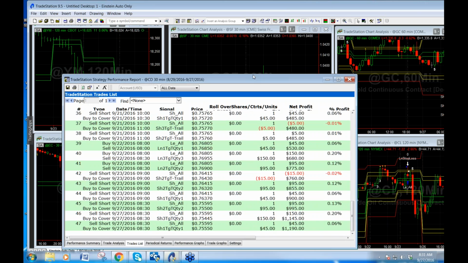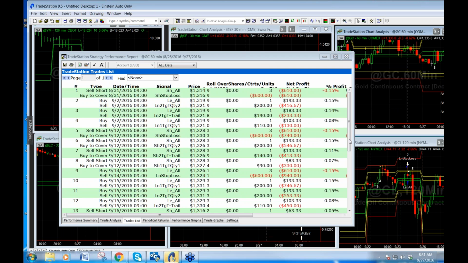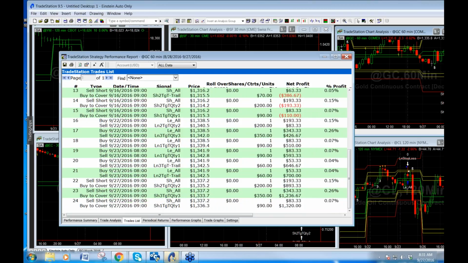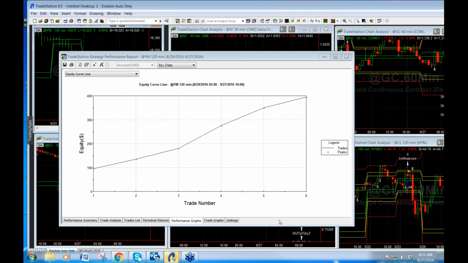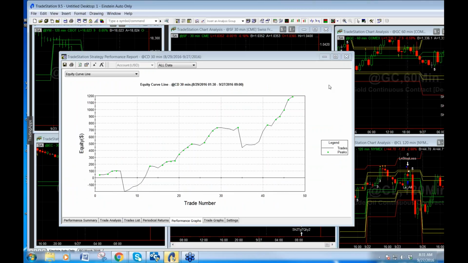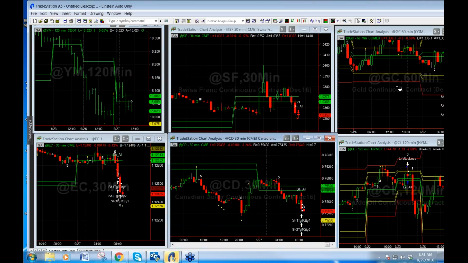Yeah, I'm missing the gold. Then the gold: 200, 350, and 90. It's got a pretty nice equity curve. So that's what we have in black box versus gray box.